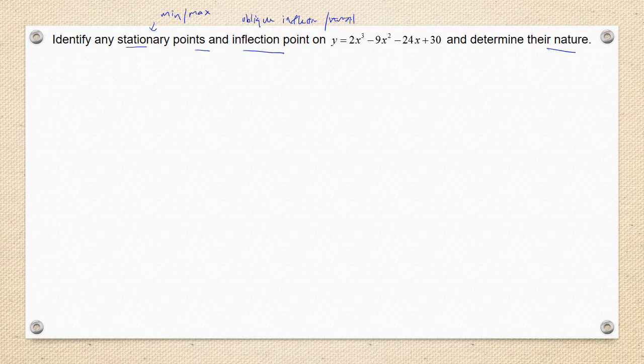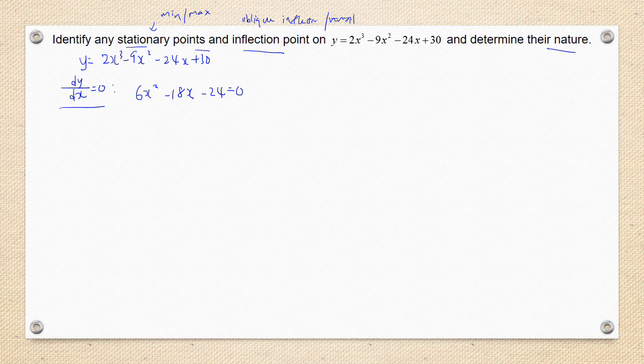So we have this equation: y equals 2x^3 minus 9x^2 minus 24x plus 30. First we find the stationary points. I know the first derivative equals 0 is where the stationary point happens. So I differentiate this and you will get 6x^2 minus 18x minus 24, and set the first derivative equal to 0.